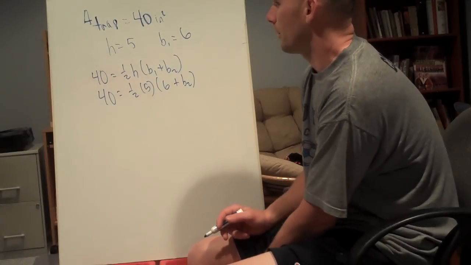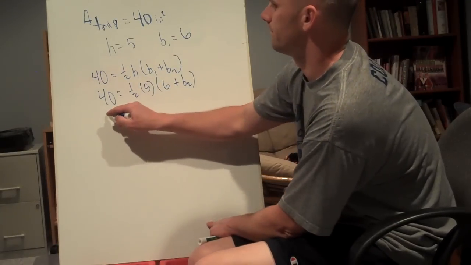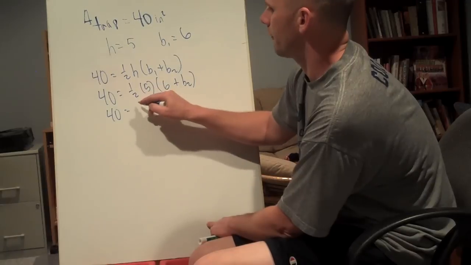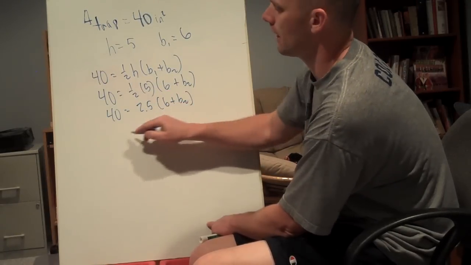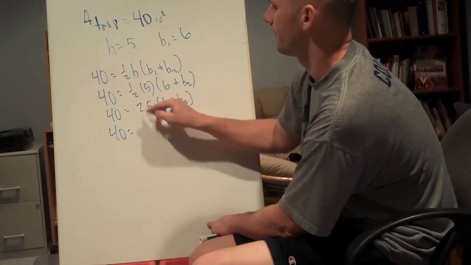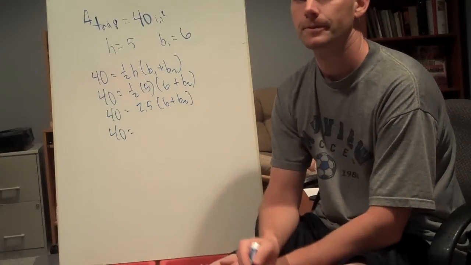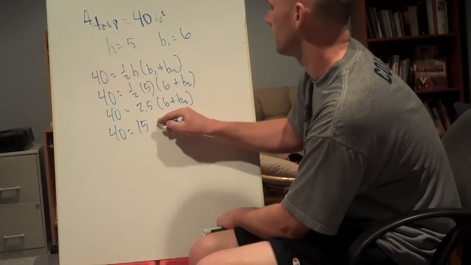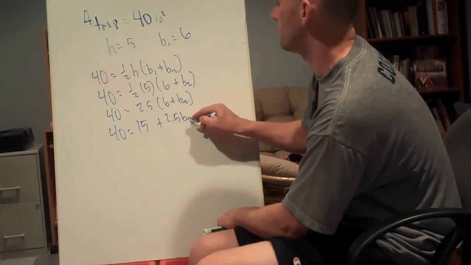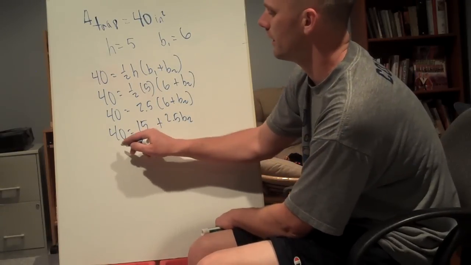So, how are we going to do that? Start multiplying. 1/2 of 5 is 2.5. 6 plus base 2. Distributive property. 2.5 times 6. Basketball hoop. Good. 15 plus 2.5 base 2. Subtract it out.